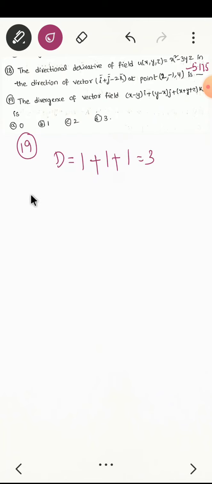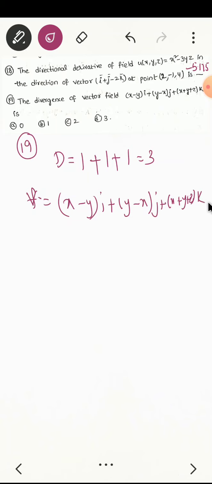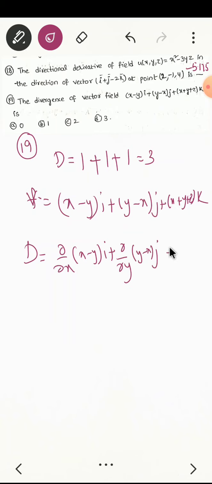I will do it quickly for you. What is the vector they have given? x minus y into i plus y minus x into j plus x plus y plus z into k. Now divergence is equal to dou by dou x of x minus y into i plus dou by dou y of y minus x into j plus dou by dou z of x plus y plus z into k.